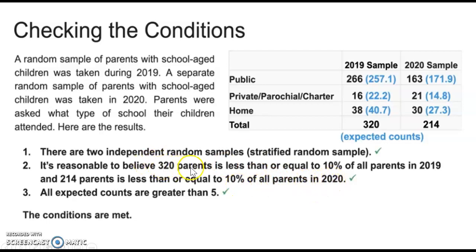So 320 parents, yeah, we can assume that that is less than 10% of the amount of parents. And then the 214, we can assume that that's less than or equal to 10% of all the parents in 2020. Now to get the expected counts, there's a calculator step that we can use to get the expected counts very quickly. Instead of using a formula, there is a formula for this, but it doesn't make sense to spend time doing it. So let me go ahead and show you that.